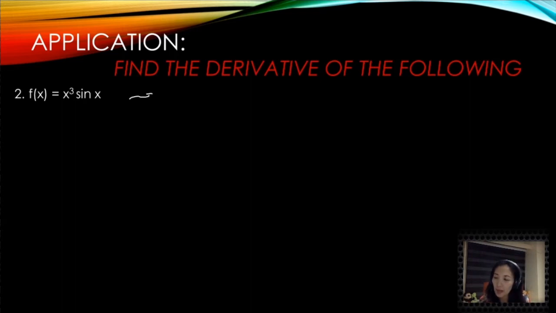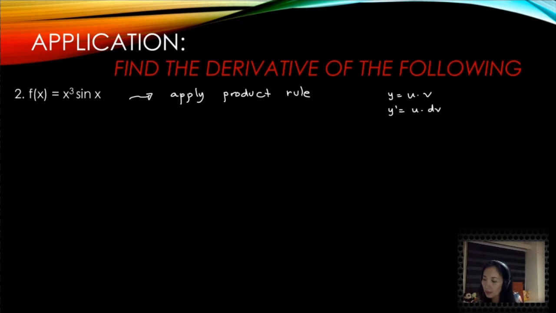We have to apply the product rule. So what did we say about the product rule? If the function takes the form u times v, where u and v are differentiable functions, then y prime is equal to u dv plus v du.